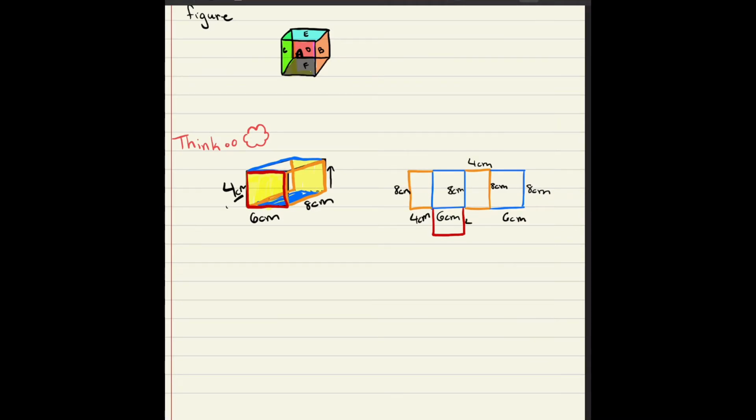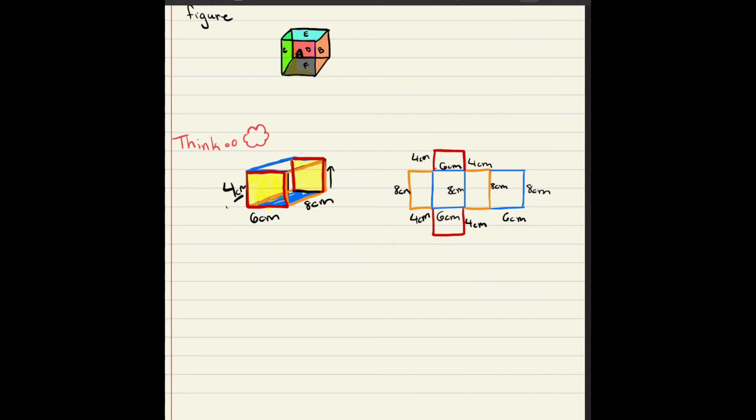So this will be 6 and this will be 4. And then it's the exact same thing for this back one here. So it's still 6 centimeters, because this is the bottom. And then the height going up is 4 centimeters.